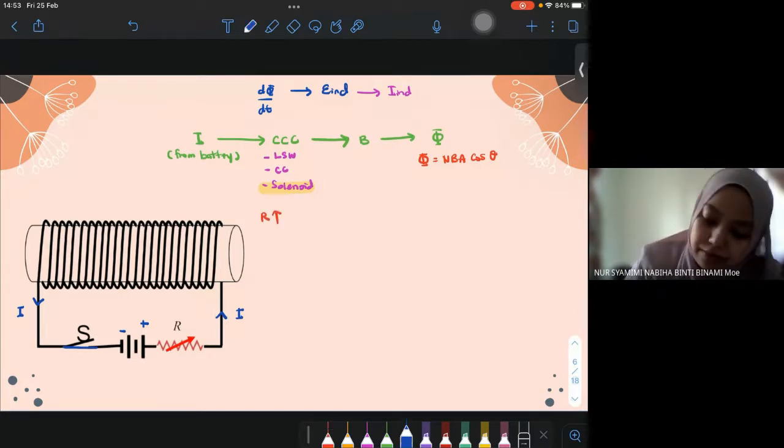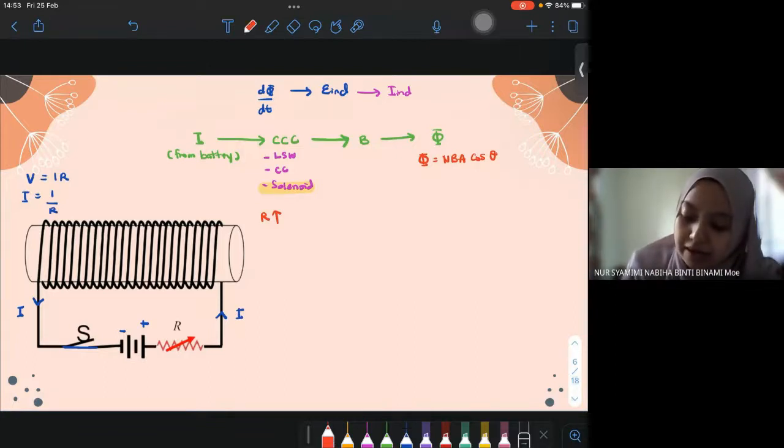Because I know V is equals to IR, I is inversely proportional with the resistor. So bila R increase, apa terjadi kepada I? I will decrease.